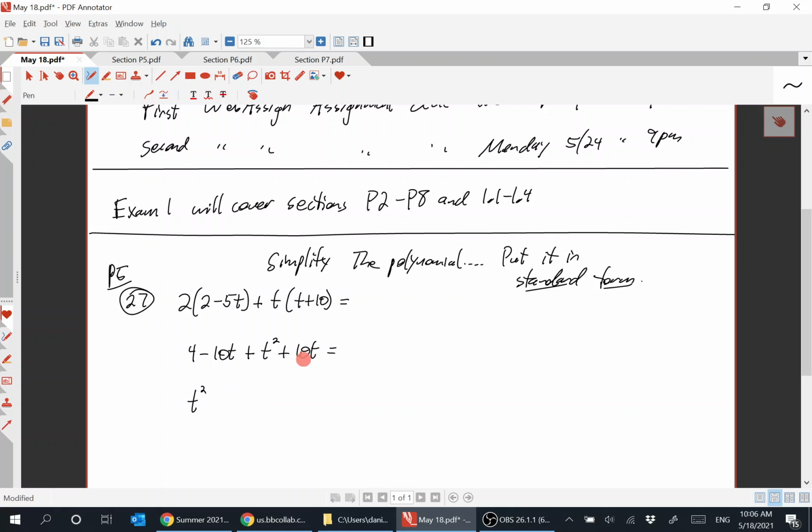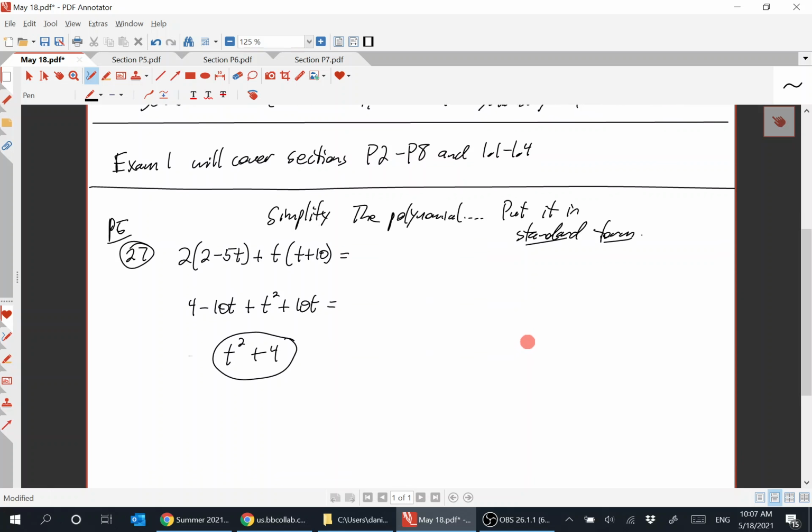And then I have plus 10t minus 10t. How many t's does that give me? 0, so we just leave them out. And then I've got the 4, which is 4t to the 0. Right, so the term in a polynomial that has no power of t is actually like t to the 0. So t squared plus 4.